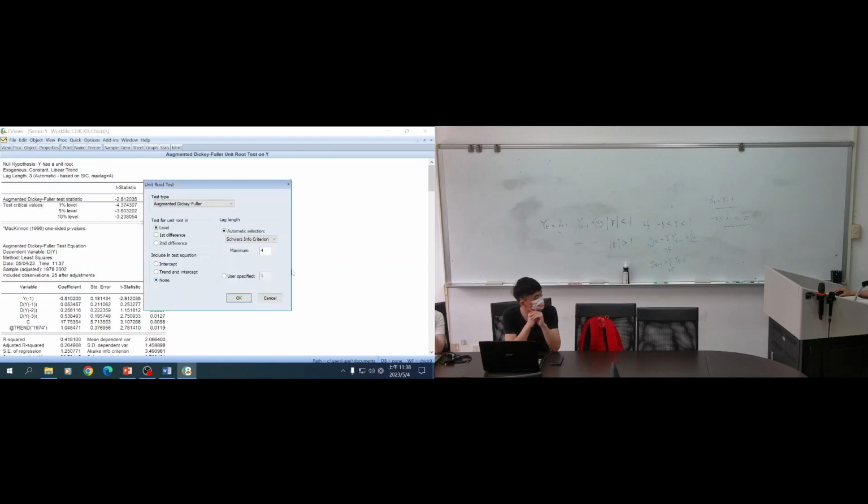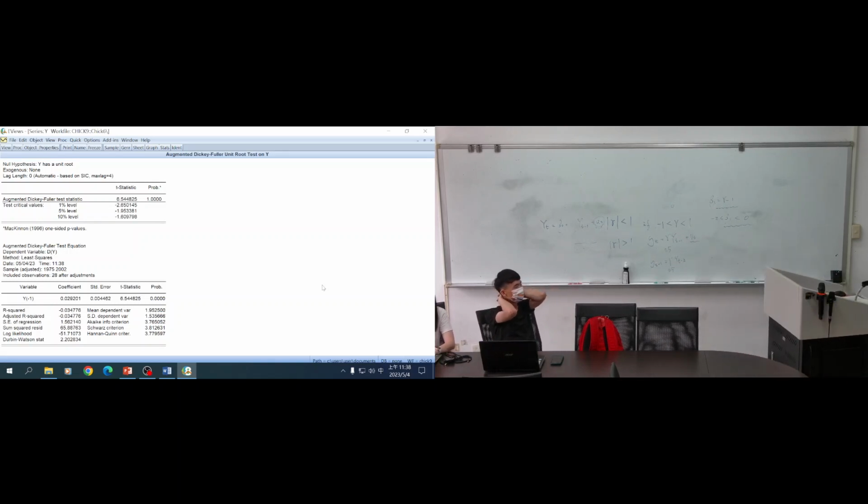None. Look at this probability. It's 1. It's very, very big, because the condition is looser. So 29 is controlled with the trend and also the intercept.